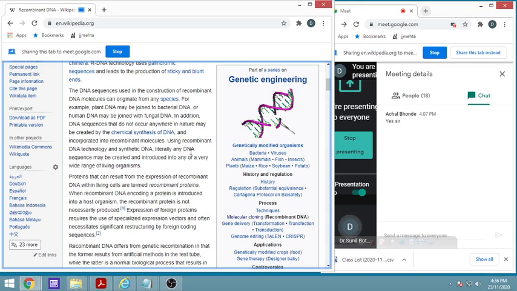The DNA sequences used in the construction of recombinant DNA can originate from any species. There are many examples we use nowadays. Those who remember diabetes know that we now have recombinant human insulin. Earlier, only two types of insulin were available, bovine and porcine insulin. Human insulin was not possible because these insulins were obtained by slaughtering animals and extracting insulin from their pancreas.